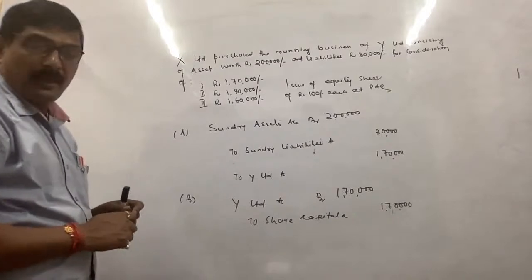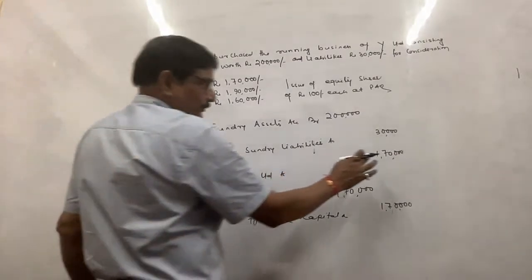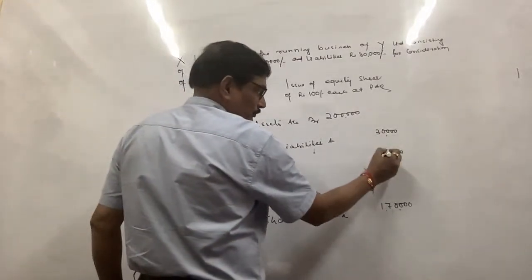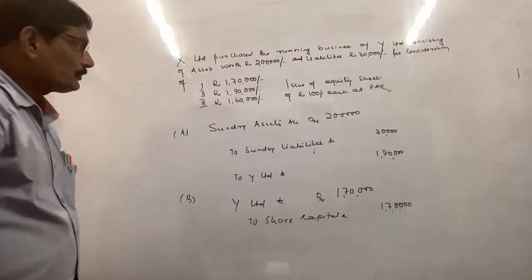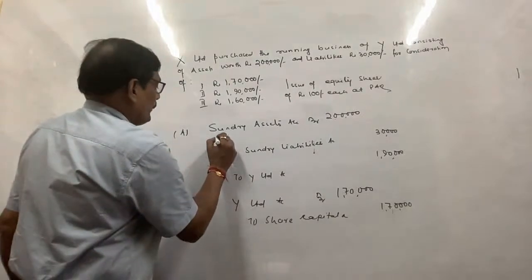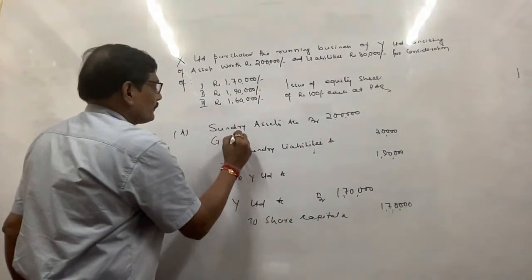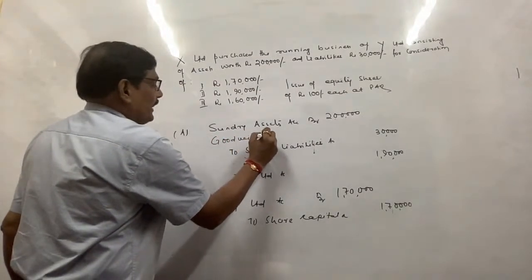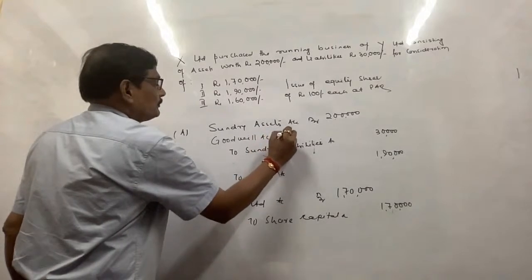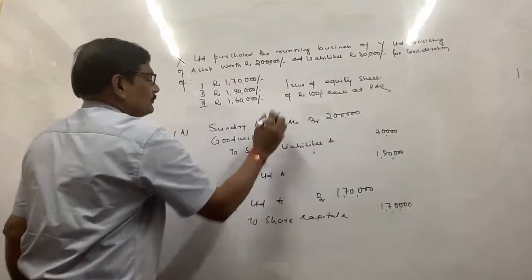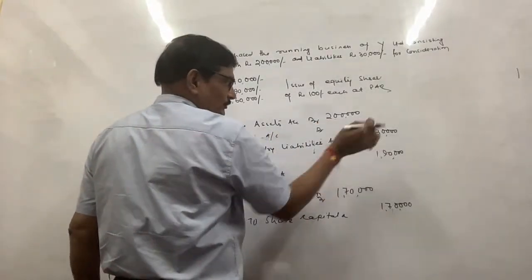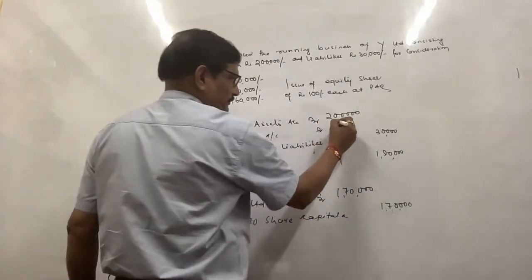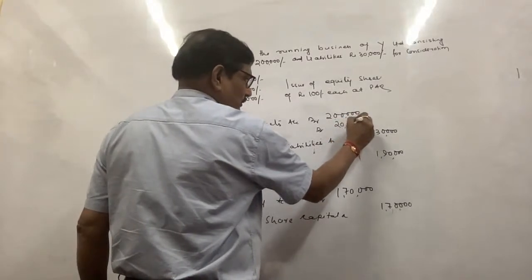In the second case, we are paying more. So when we are paying more, the difference amount, treat it as goodwill. Goodwill account debited. The difference amount, how much is it? 20,000.